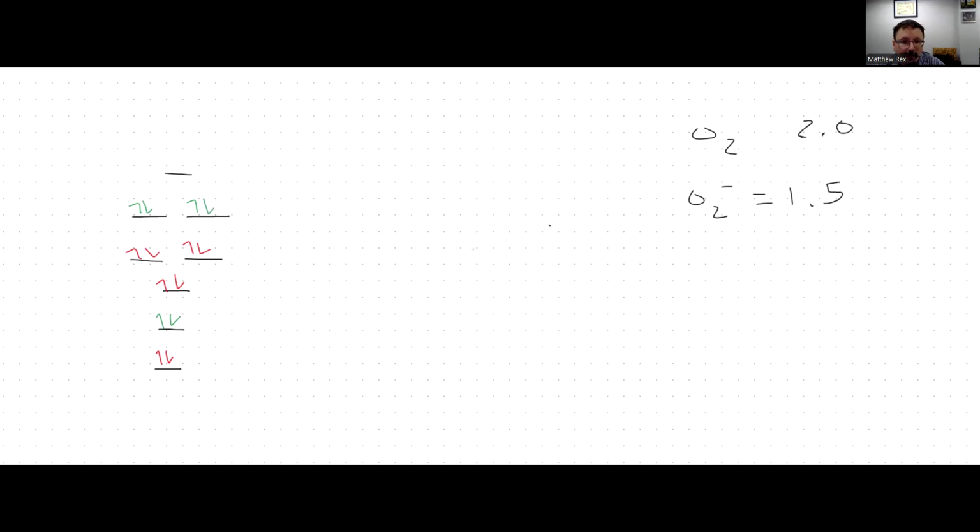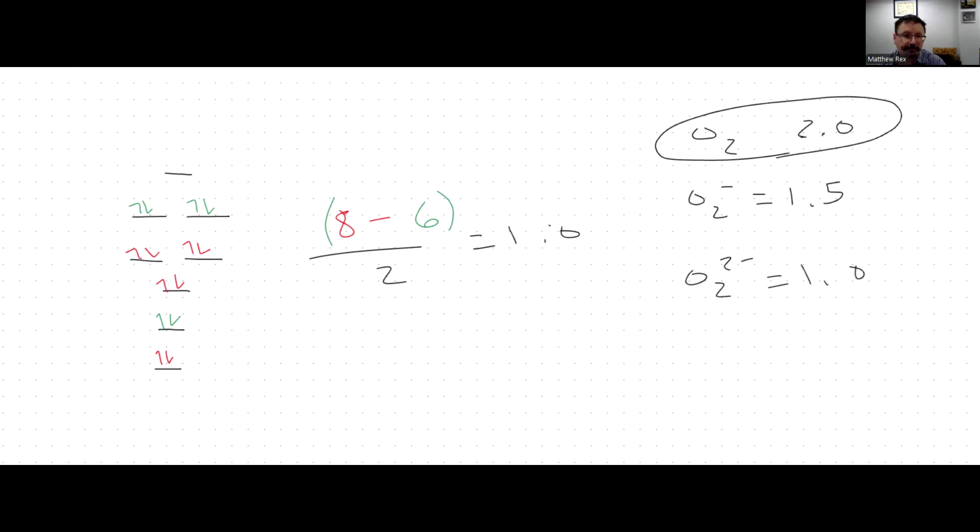So now for O2 2 minus, we have 8 bonding and 6 antibonding. So our bond order here should be 1. So we can see O2 has the highest bond order, which should mean it has the highest, strongest bond energy.